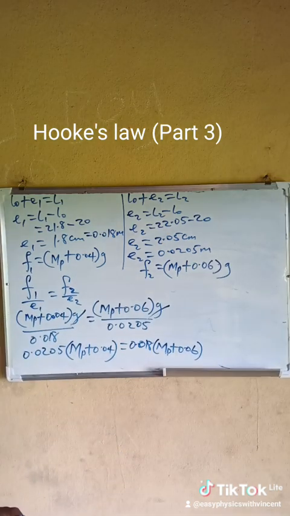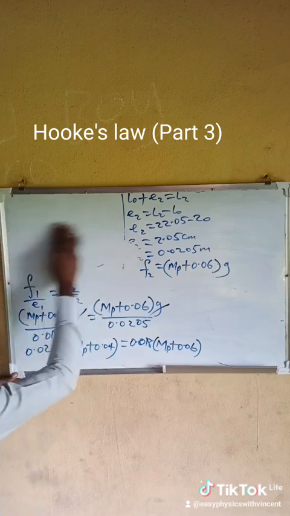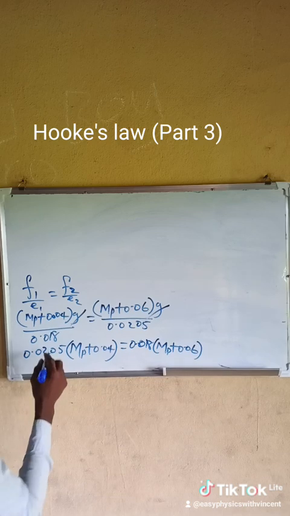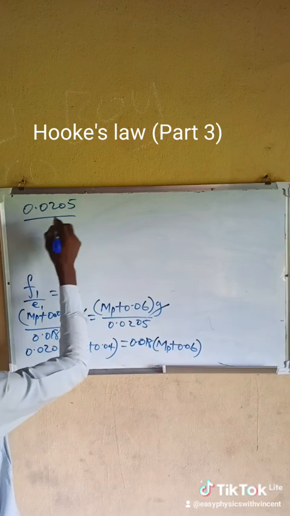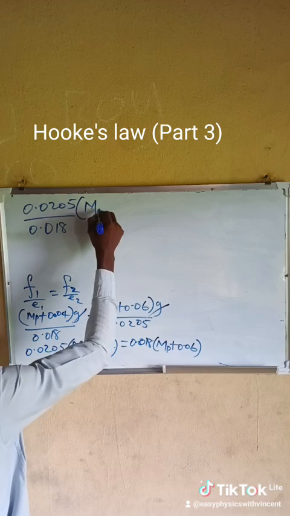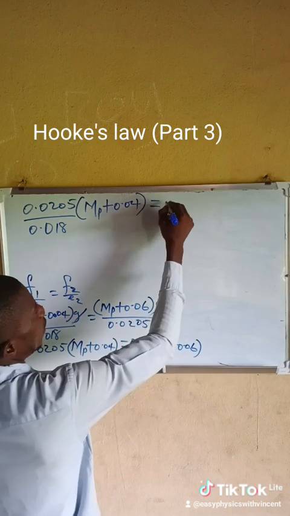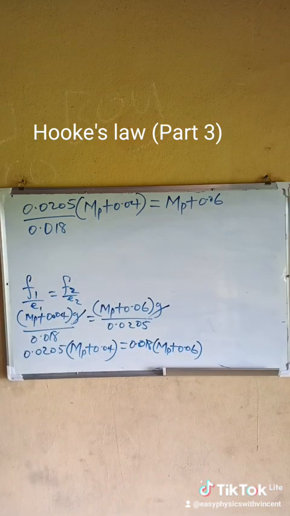Okay, so what I will now do is divide both sides by this term: 0.0205 over 0.018 into MP plus 0.04 equal to the whole of this, mass of scale pan plus 0.06.